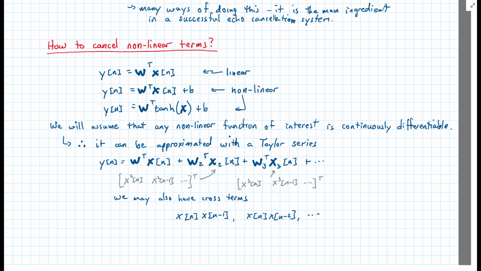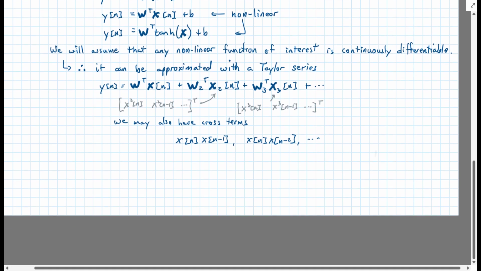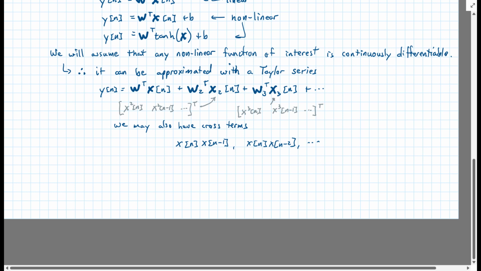Because of this, the actual number of terms that we may have can be huge. Just a moment ago we talked about an echo canceller that maybe has 32 coefficients, and in practice it may actually have double that to account for secondary echoes.